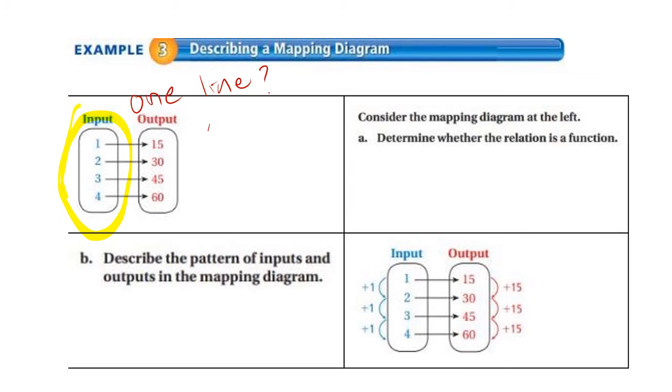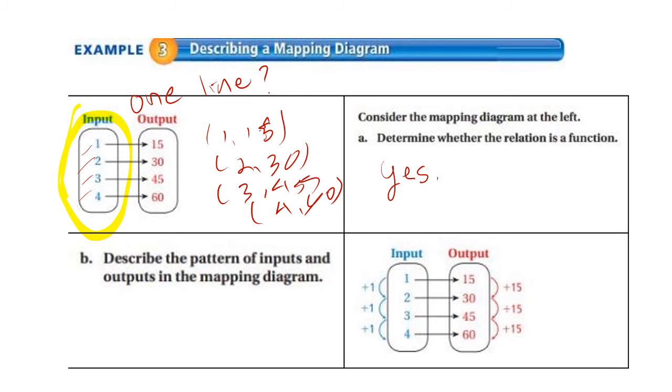So let's check this. We have 115, we have 230, we have 345, and we have 460. And there's only one line coming off of each of the x values, or each of the input values. So yes, this is a function.